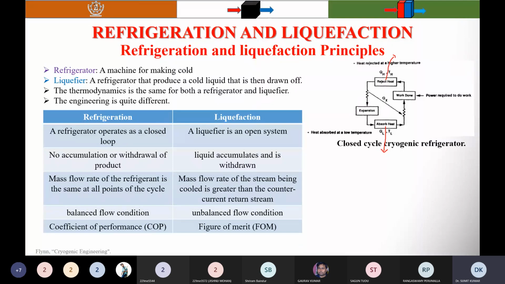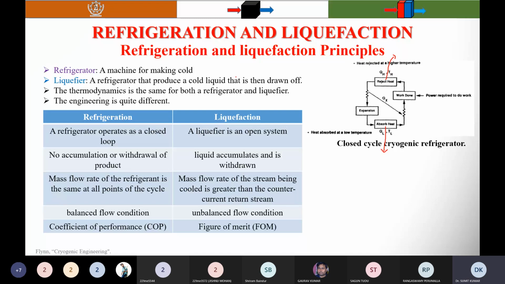So there is a heat or energy transfer from the low temperature body to the high temperature body. So we need to do some work, and that work is done on the compressor. So we need to give the work input. And then it expands through the expansion valve. If you remember that refrigerator.